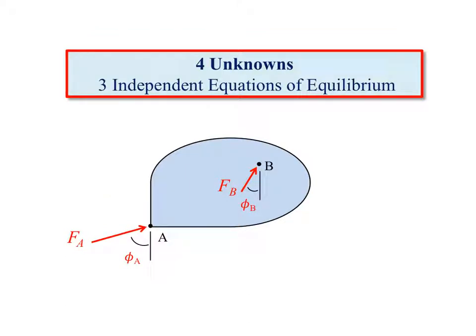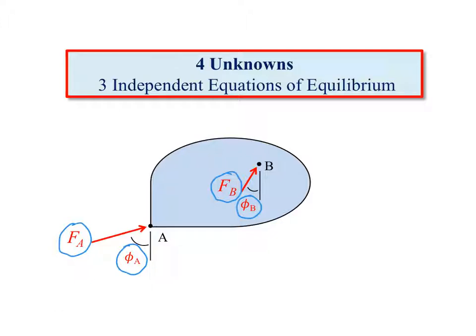So note for this two-force member, a member that has exactly two forces applied to it, we have 4 unknowns. So at A we have an unknown force and an unknown direction, and we'll look at the direction to be the angle that the force makes with the vertical, and the same thing at B. And we'll call the angles phi sub A and phi sub B, and the unknown magnitudes FA and FB.